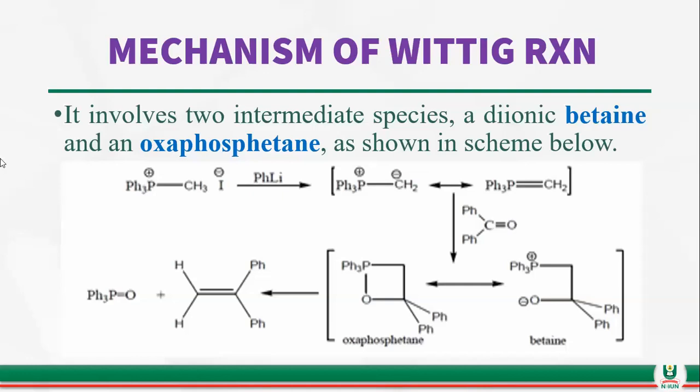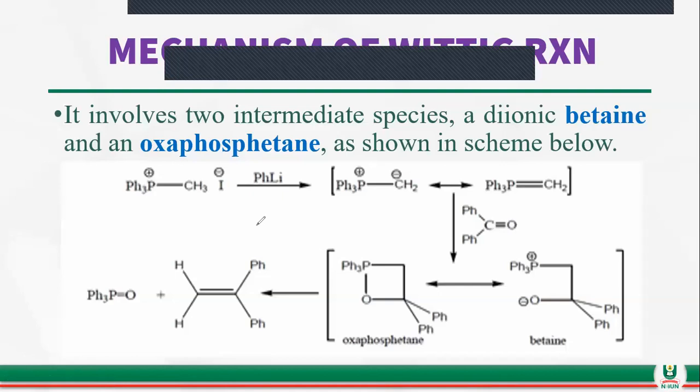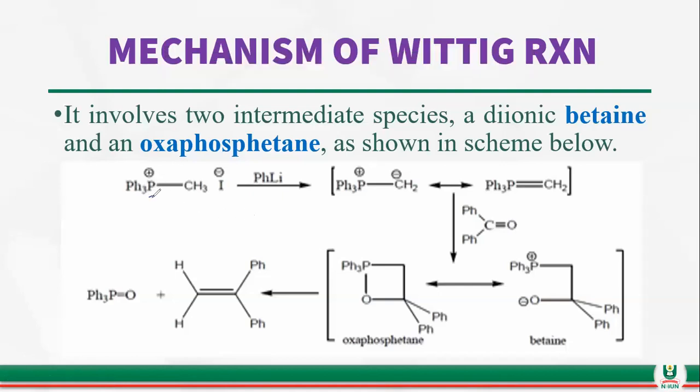If we are talking about that, we can just quickly look at it in the picture. Of course, we know the overall reaction to form an alkene, but what are the steps there? You can see your phosphorus here with the 3 phenyl groups, but the negative charge is not yet on this carbon.